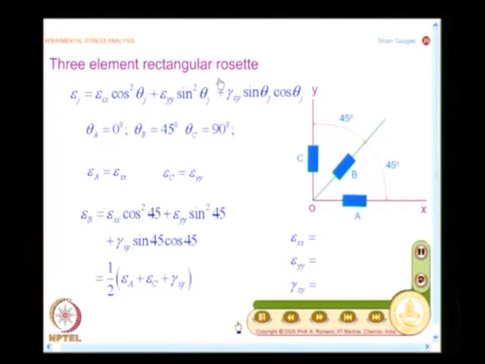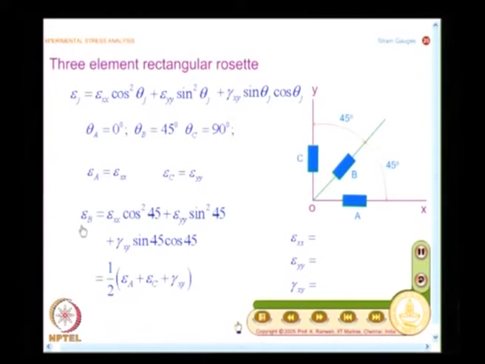And I said rosette analysis becomes extremely simple if you recall your famous strain transformation law, which is given as follows. And I have also asked you to work out, by noting the readings of strain gauge A, strain gauge B and strain gauge C, how we get the strain components epsilon xx, epsilon yy and gamma xy.